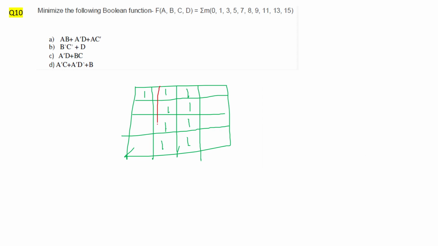So I'll first mark this up in red. The cells are numbered 0, 1, 2, 3, 4, 5, 6, 7, 8, 9, 10, 11, 12, 13, 14, 15.